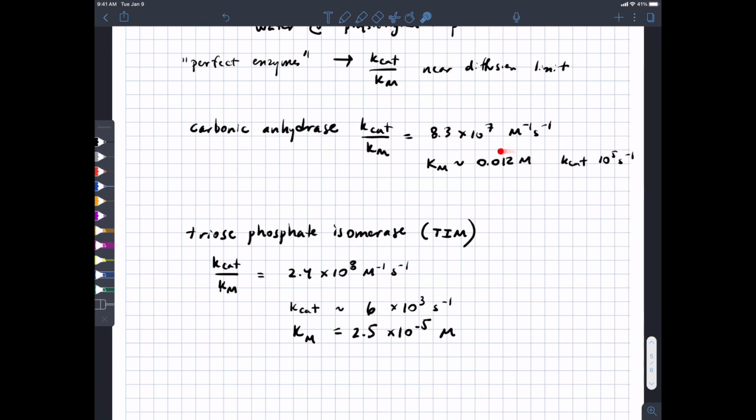One of them has a pretty high Km. And if that were a Kd binding constant, 12 millimolar, that is cruddy. If you were to invent a drug that bound some protein and the binding constant was millimolar, people would laugh at you because it would not be useful.